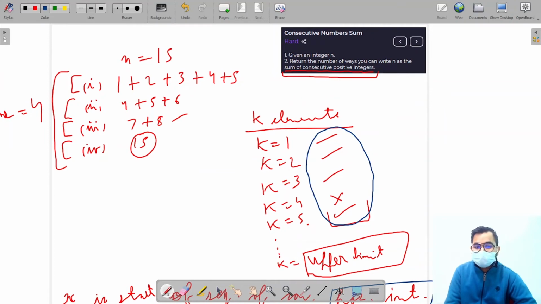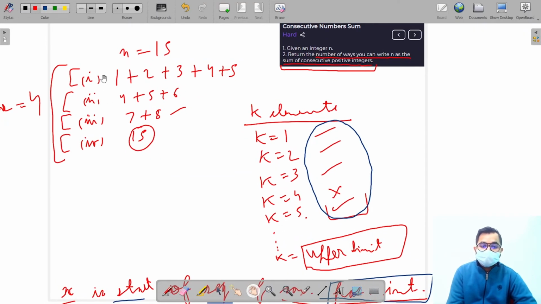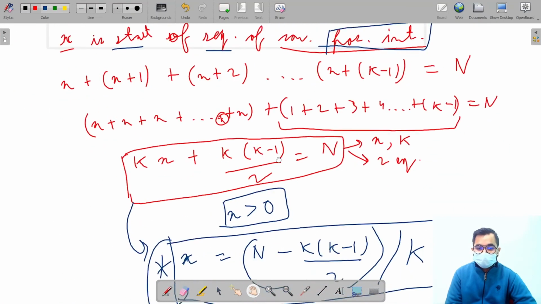The question says to find the number of ways. Let me highlight it: the number of ways you can write n as the sum of consecutive positive integers. I don't have to find the entire sequence. I just need to find if it is possible or not.